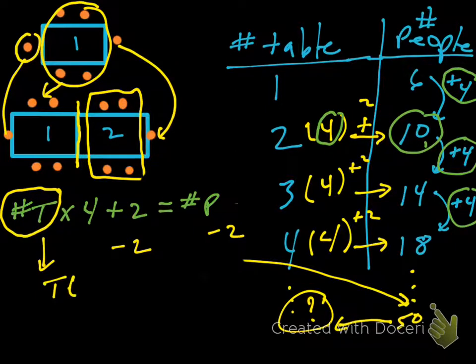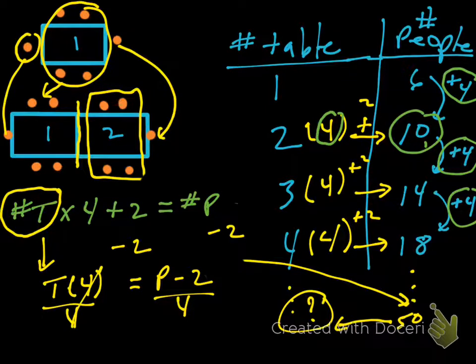I'll just change it to parentheses here. So T times 4 equals P minus 2. Then, to isolate T, we're going to divide both sides by 4. So those 4s cancel out.